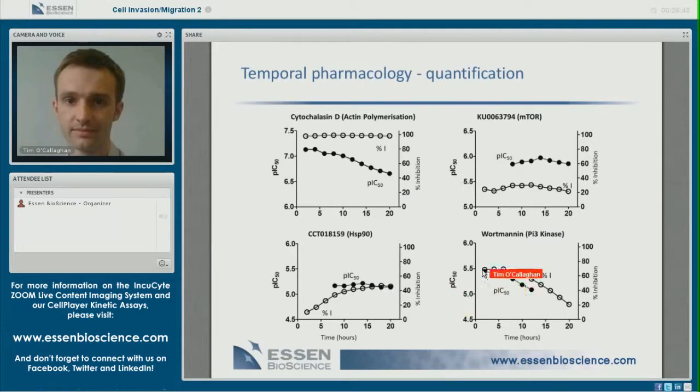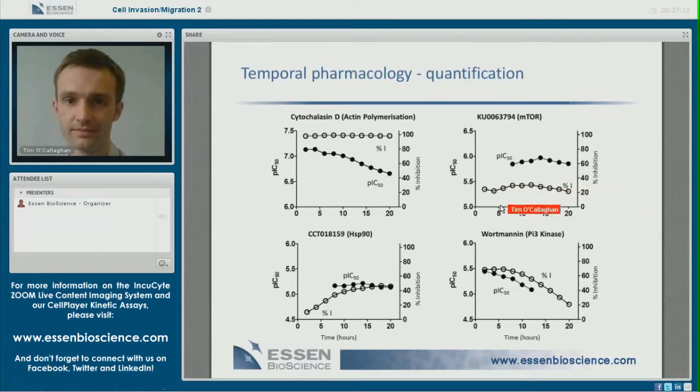In contrast, wortmannin showed early time point inhibition that decreased as cell recovery occurred over time and ultimately allowed full wound closure towards the later stages of the assay. The mTOR inhibitor showed a low level of maximal inhibition over the whole time course.